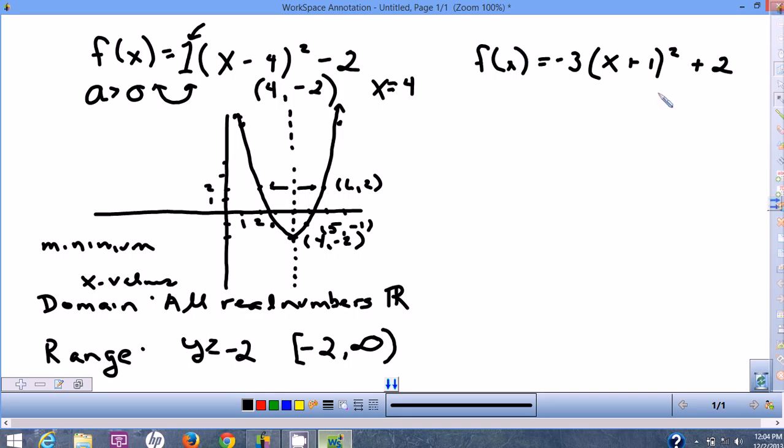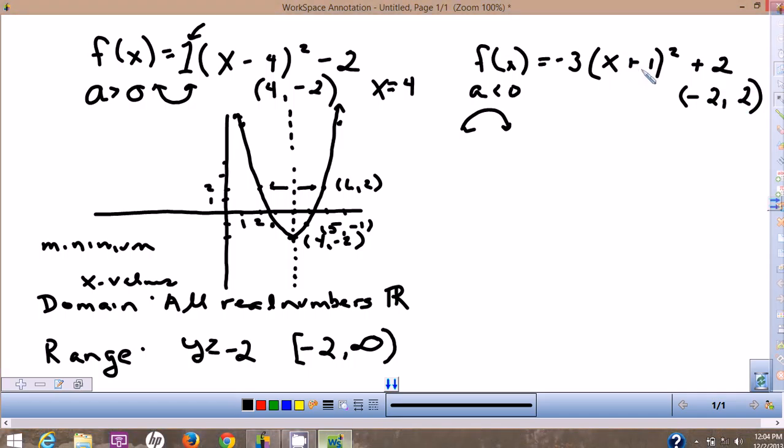So we know that our a is less than 0, which means we've got a frowny face parabola. We know that the absolute value of a, this absolute value of -3, is equal to 3. So we're going to have a vertical stretch on this graph. And our vertex comes from this 1 and this 2. So our vertex here is at -1, 2.